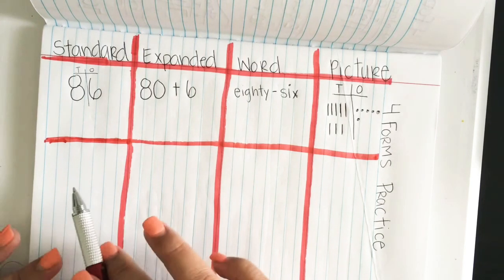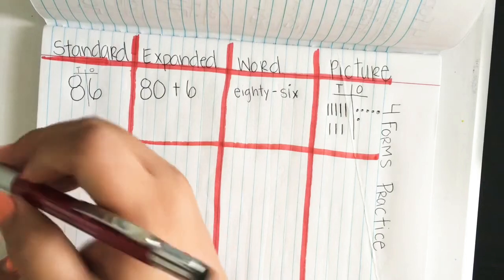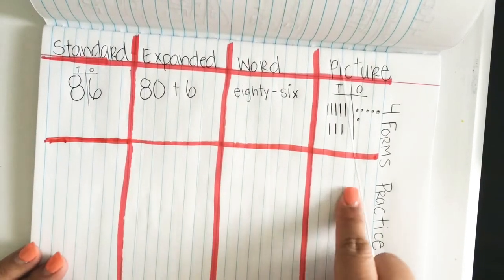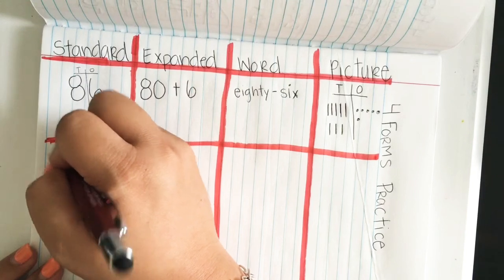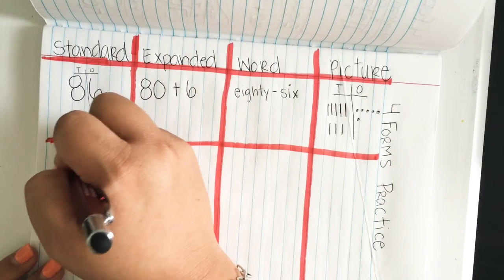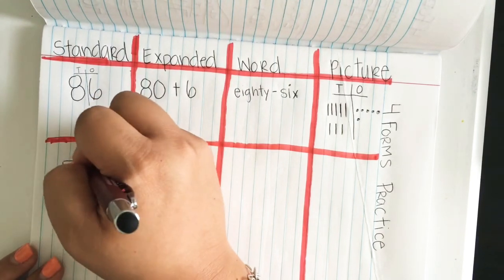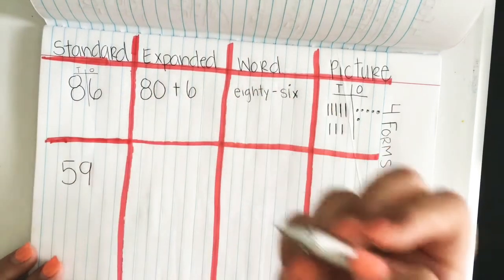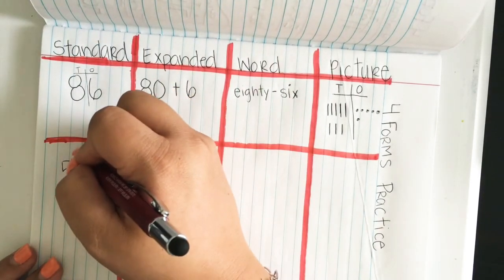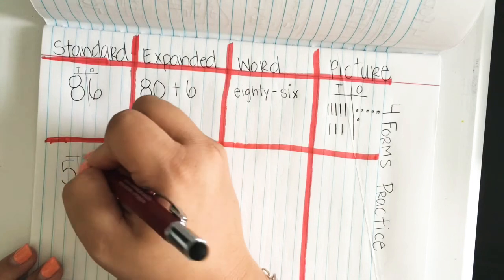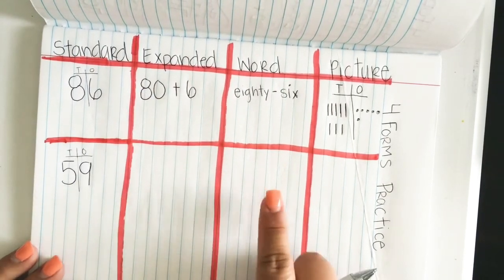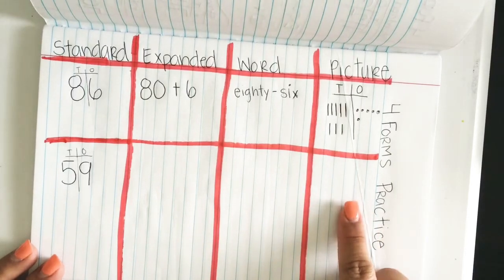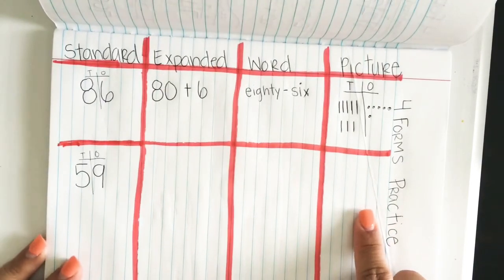But for today, part of your assignment, I want you to give me the different forms of the number. Let's do 59. Okay? I want you to do the number 59 in expanded form, in word form, and in picture form.